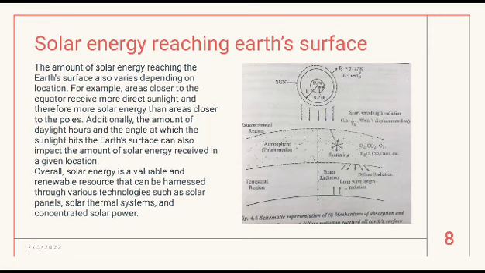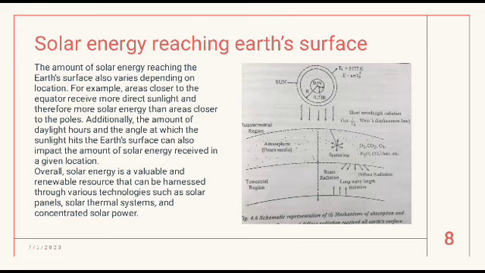For example, areas closer to the equator receive more direct sunlight, and therefore more solar energy, than areas closer to the poles.